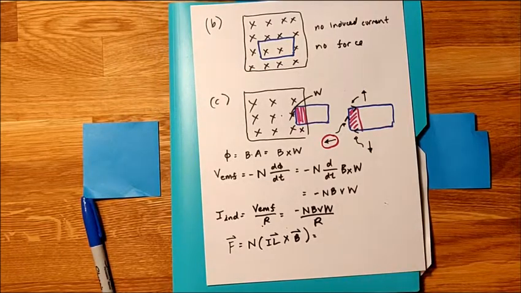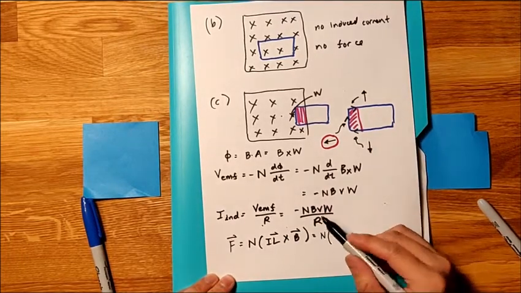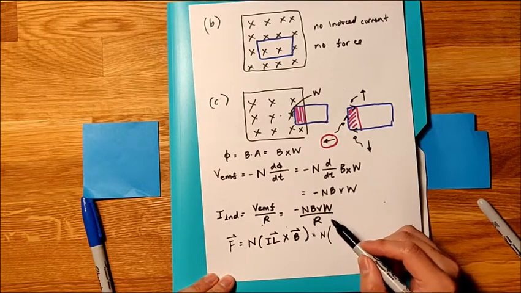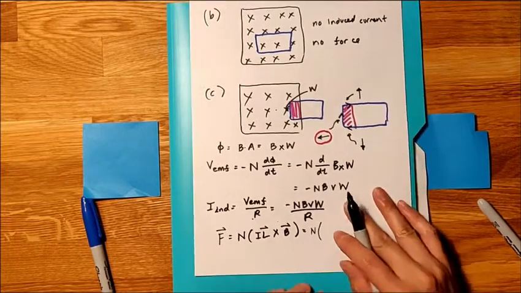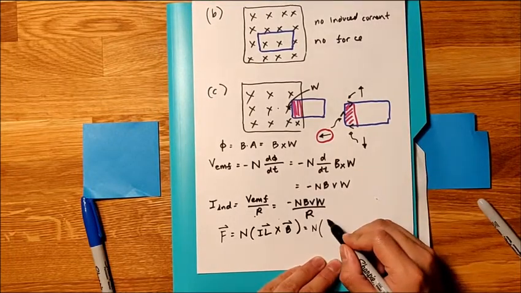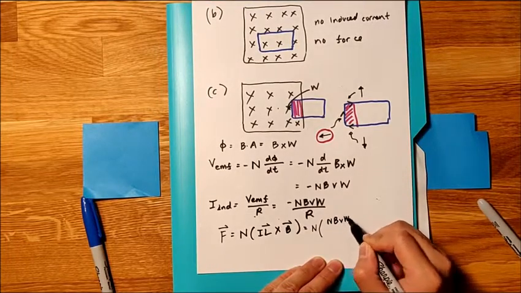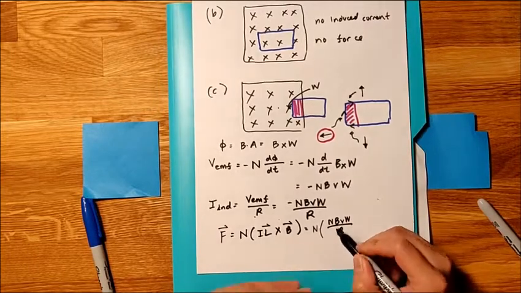So that will lead us to our answer. So it will be N times the I, which is N B V W over R, and I will just take the magnitude of that because we found the direction from this. So N B V W over R times the length.